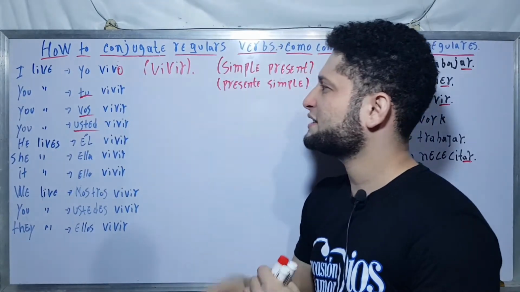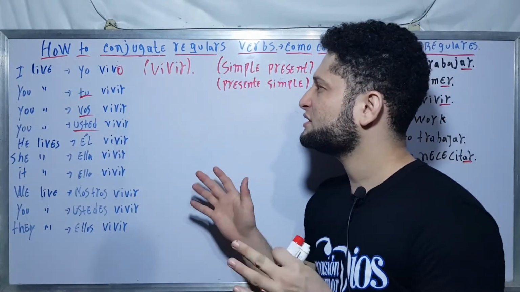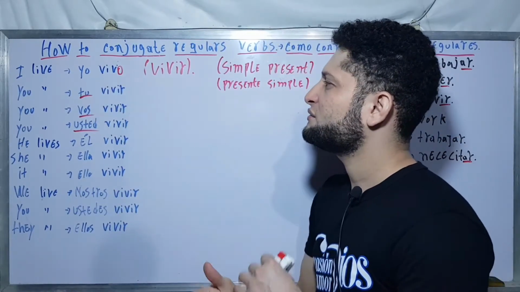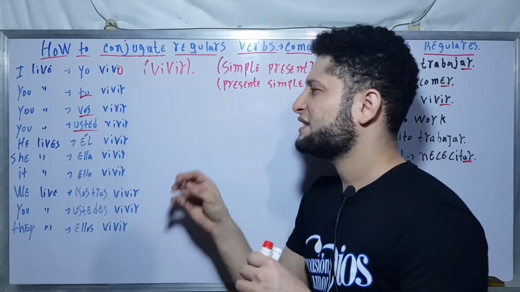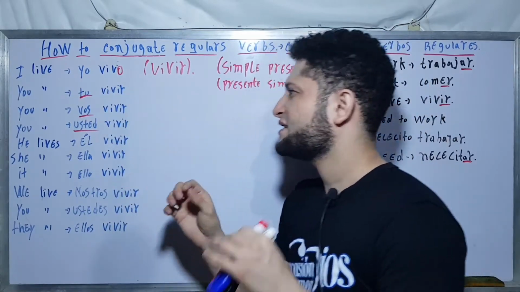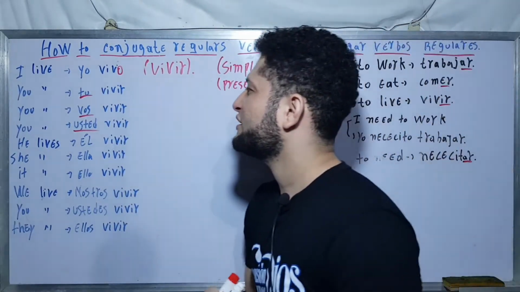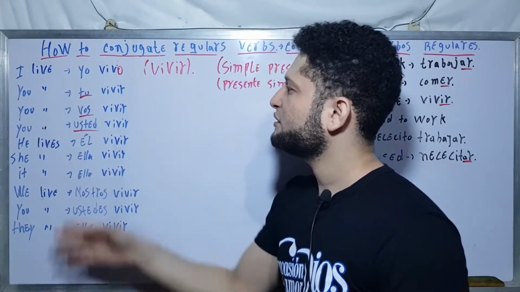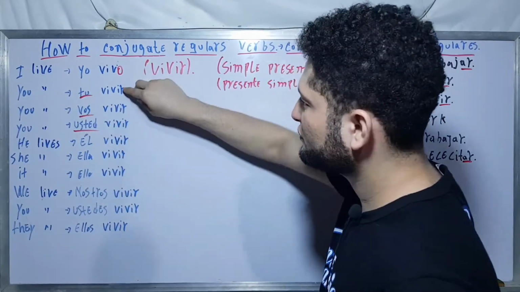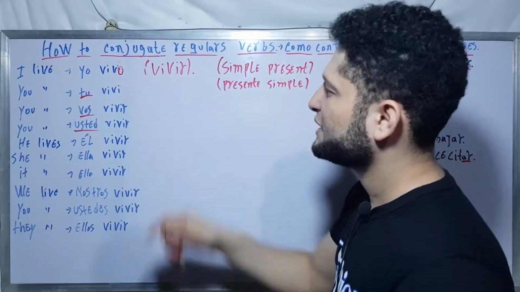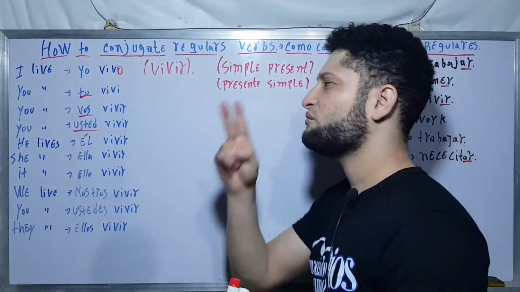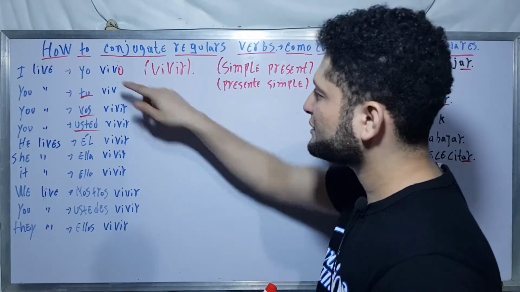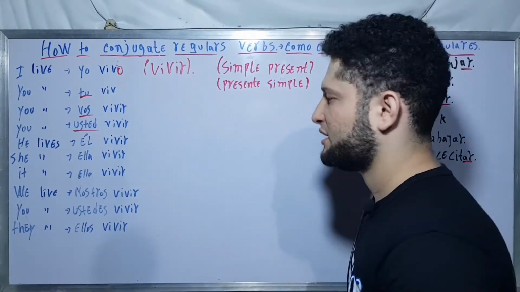Okay guys, now the second one. This one, as I said, is more difficult than the other. So far everything is okay related to the rules, but in this case the second one changes a little bit. You live, tú vives. You need to remove the two last letters and add ES, like this.